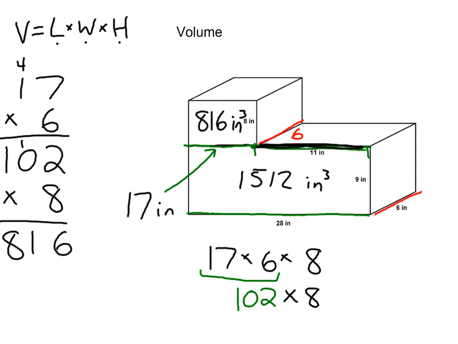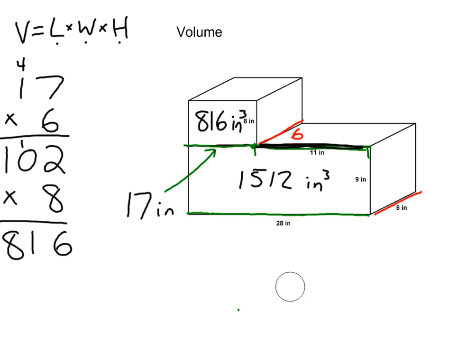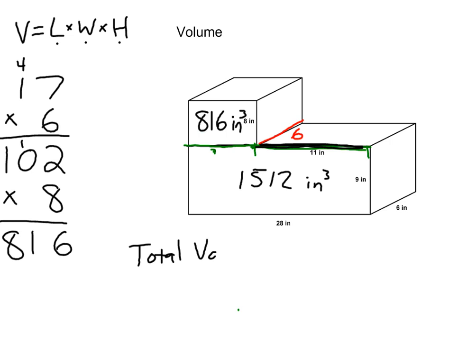Now that we know the volume of the bottom step and the volume of the top step, we add these together to get the total volume. So the total volume will be the volume of the bottom step, 1,512, plus the volume of the top step, 816.